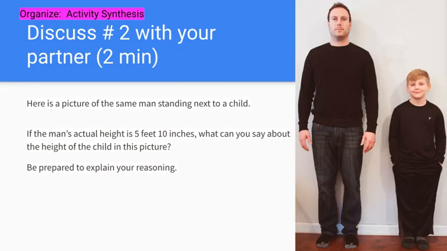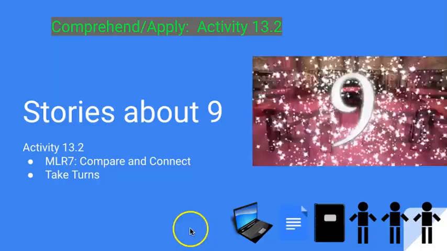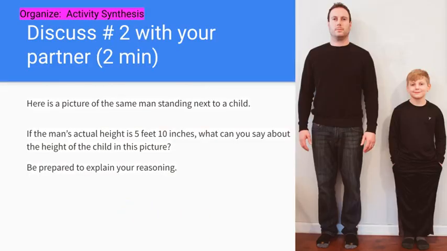What about here? We've got the same man, so we know that he's not quite 6 feet tall. Based on that, what can we say about the child here? Yeah, so the child is not half of his height, but his height is more than half, right?